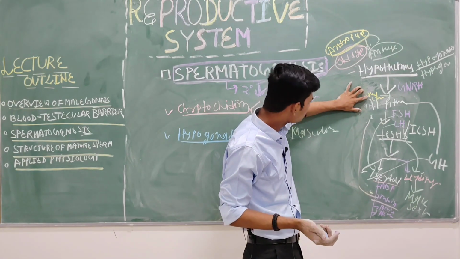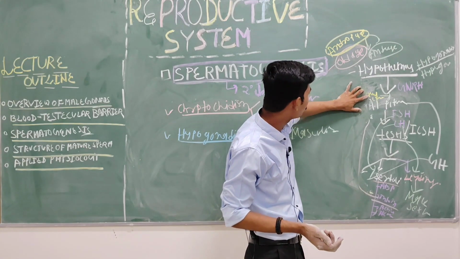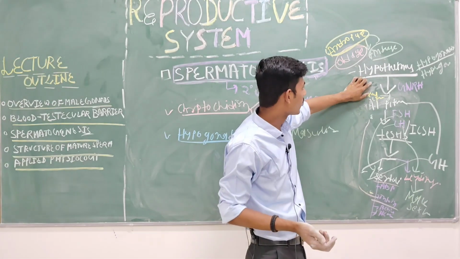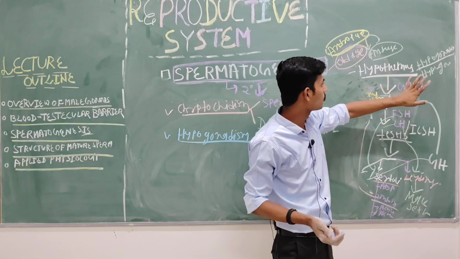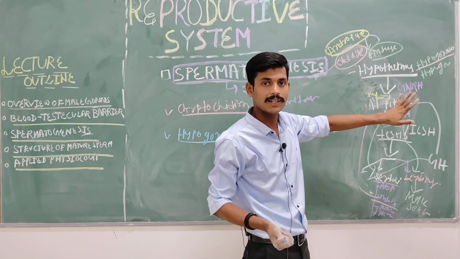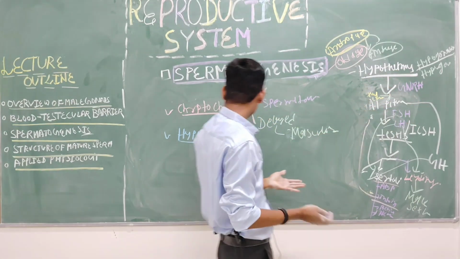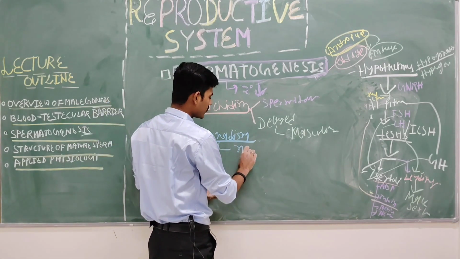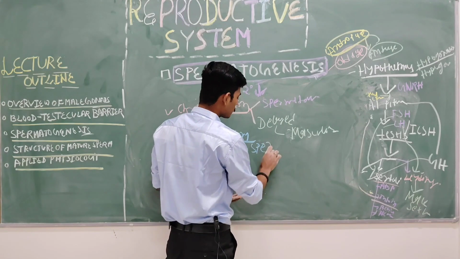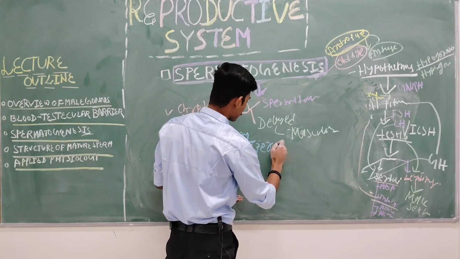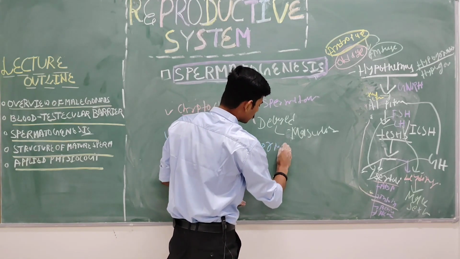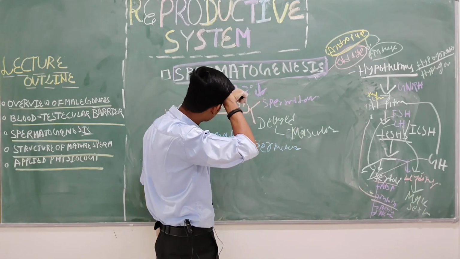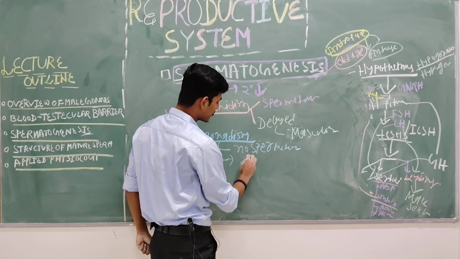Apart from that, sometimes there will be a deficiency in the secretion of GnRH, so there will be a lower secretion of gonadotrophin, and that leads to no spermatogenesis, no sperm production. There is also a delay in the development of secondary sexual characteristics.